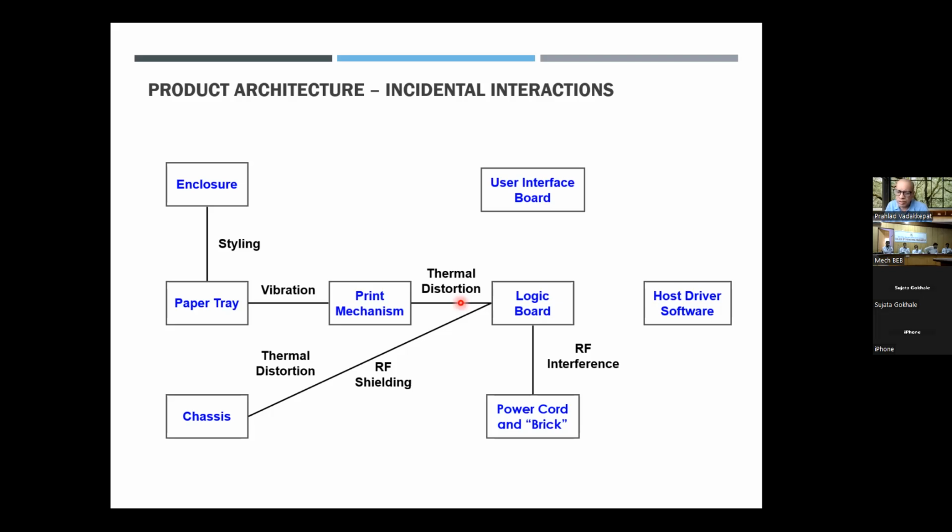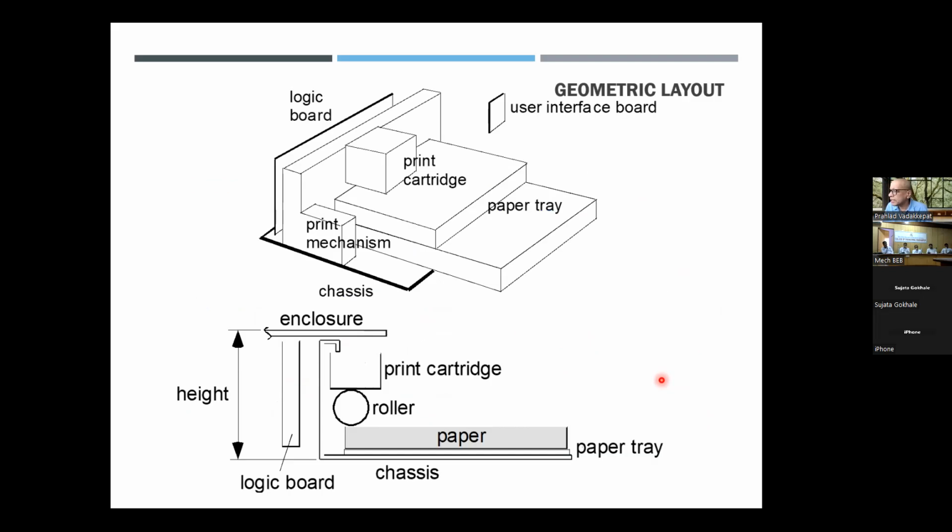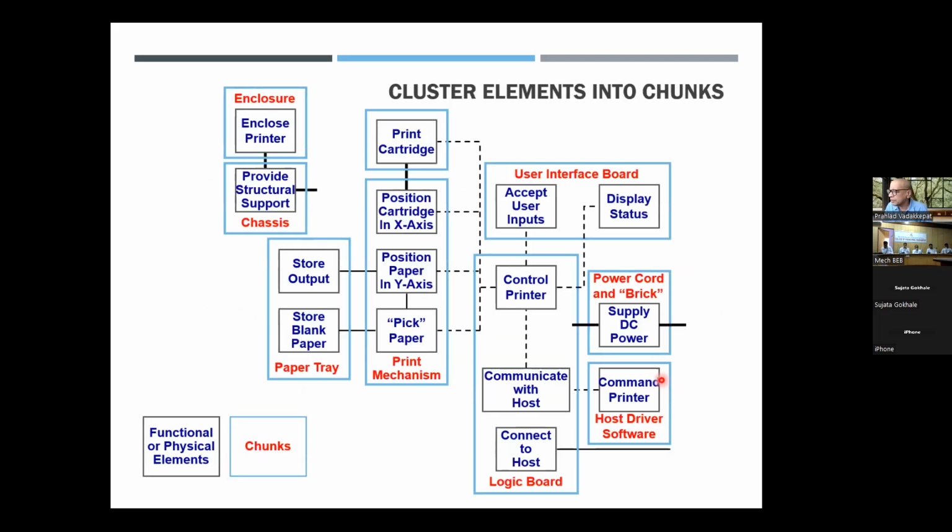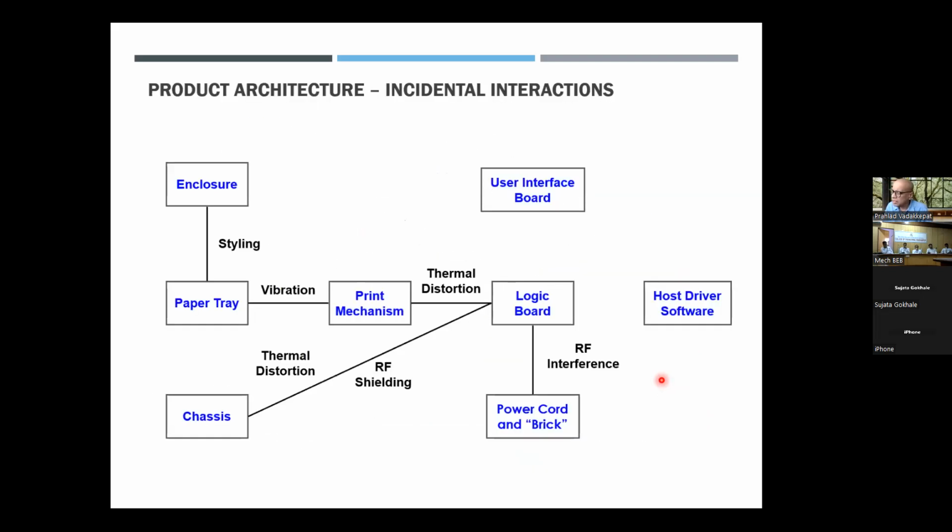These days it has gone. Actually, I have a very big printer on my side. It doesn't really make a lot of noise. RF shielding, thermal distortion, RF interference, and all that. So be very mindful about incidental interactions while it is operational. Very important, all these aspects when you consider designing.